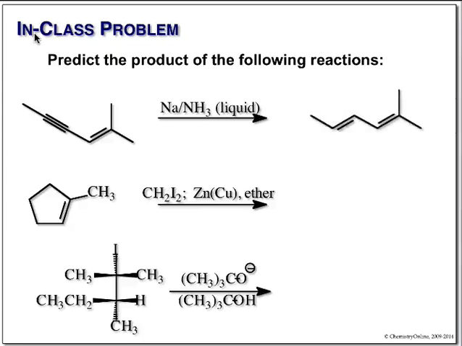I remember way back when we did reactions of alkenes, we found that there was a simple way to make cyclopropane addition products. We use here diiodomethane, zinc copper amalgam, it's called.